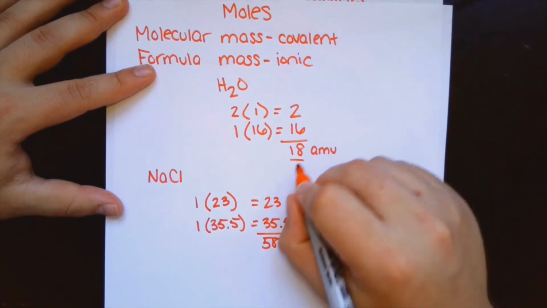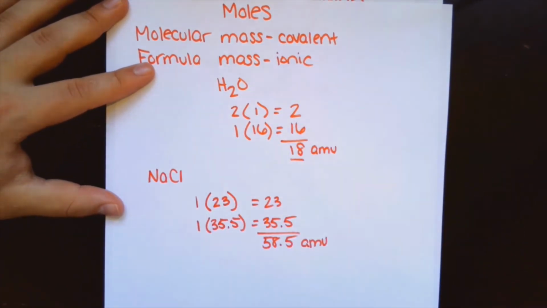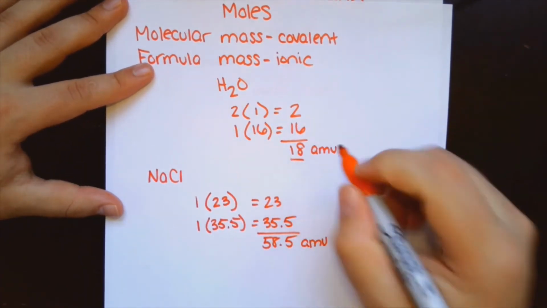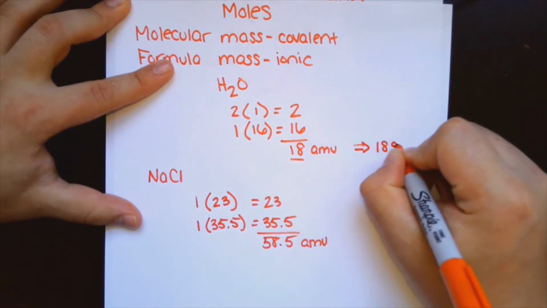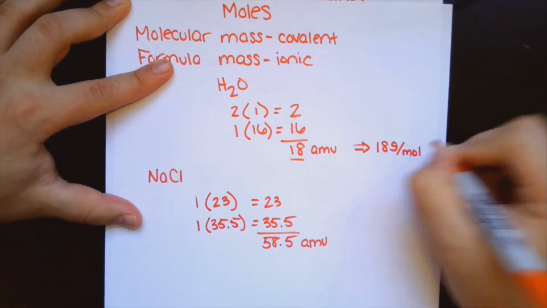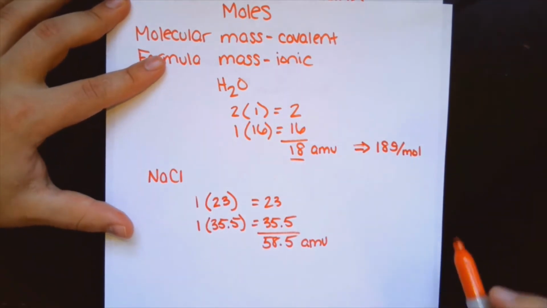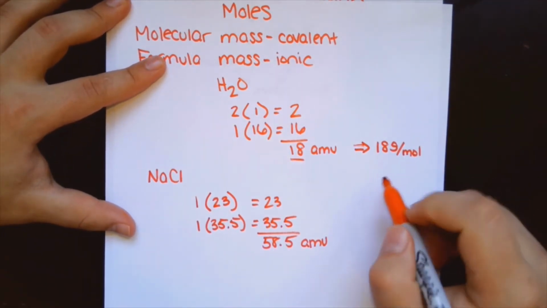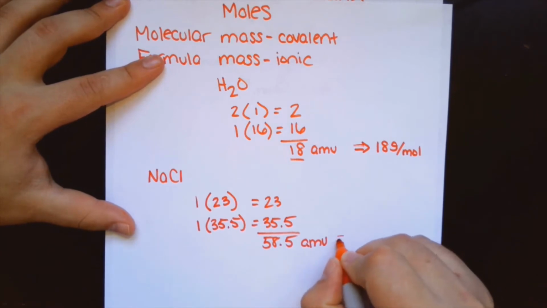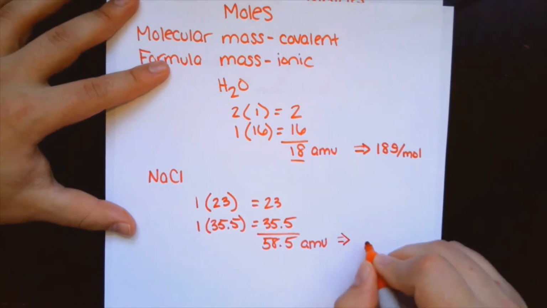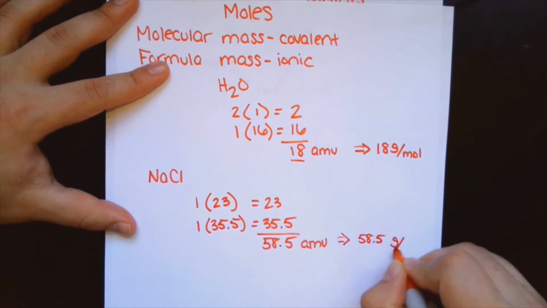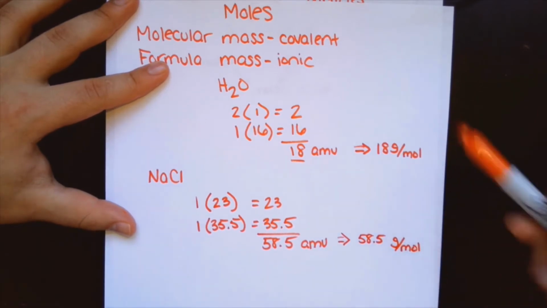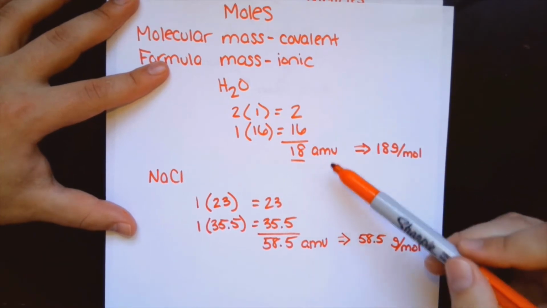So we can take this exact same calculation, do it the exact same way, but instead of using the unit of AMUs, we can use the unit of grams per mole. So water has a molar mass of 18 grams per mole, and sodium chloride has a molar mass of 58.5 grams per mole. And this is actually the more common version of the units that you'll be using as compared to AMUs.